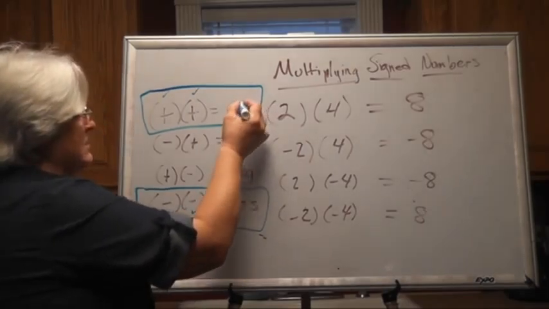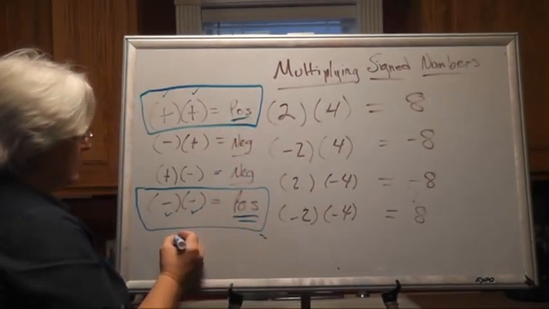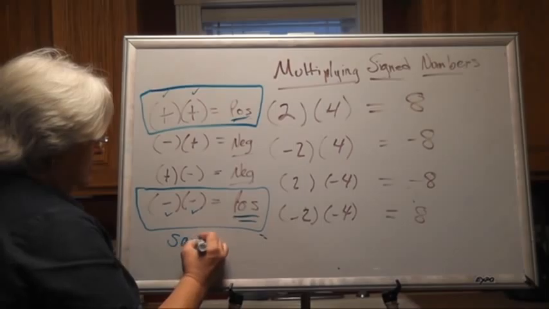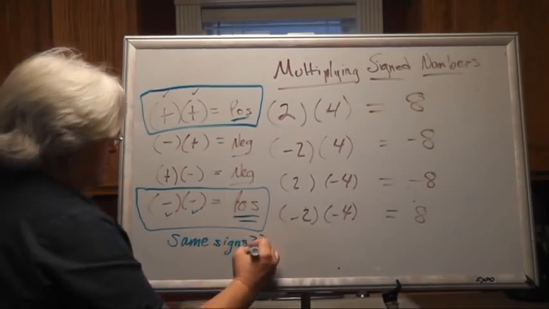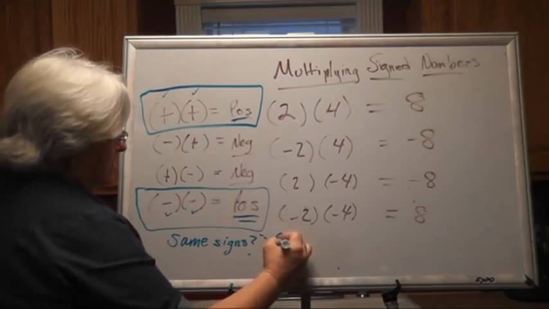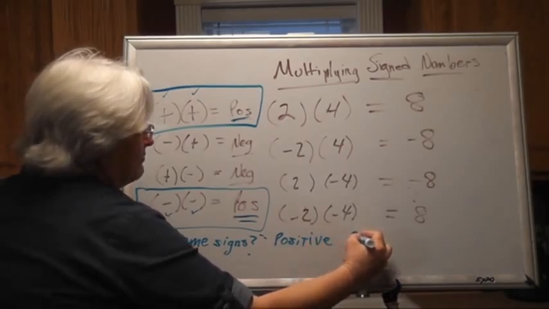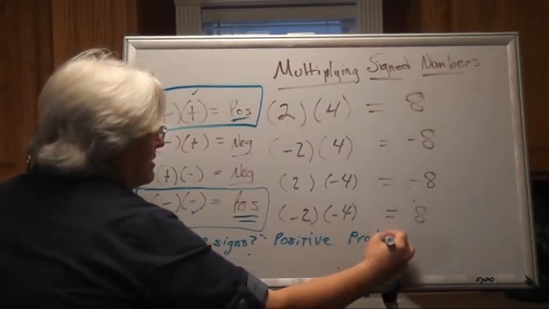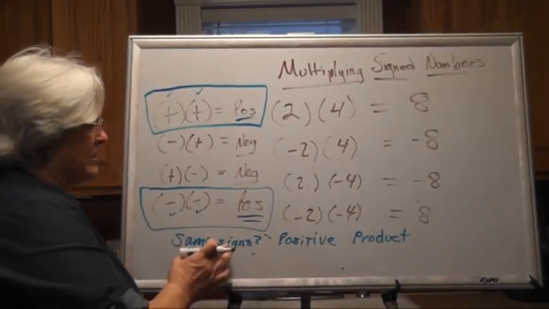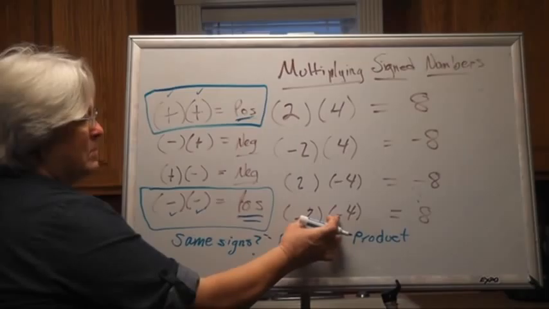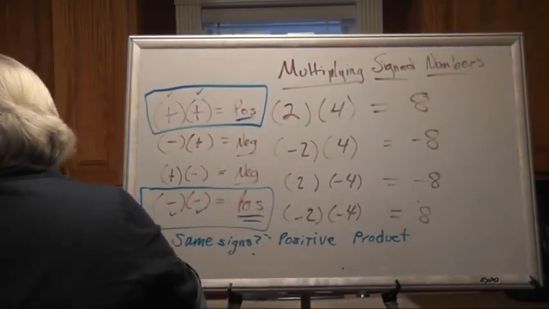So what we see is when you have same signs, the answer is positive. You get a positive product. And remember, the product is the answer to a multiplication problem. Product is what results when you multiply two factors together. So that's the one pattern that we have.